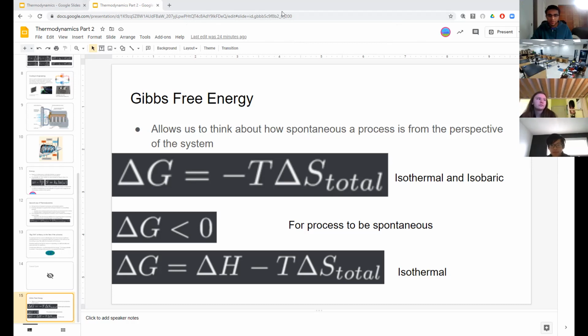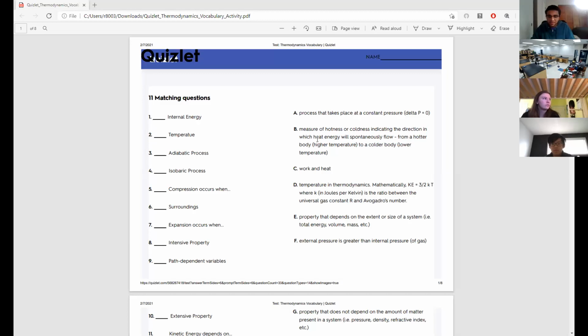I'm going to quickly pull up the vocabulary activity just to show you guys that real quick. All right, so this is the vocabulary activity.